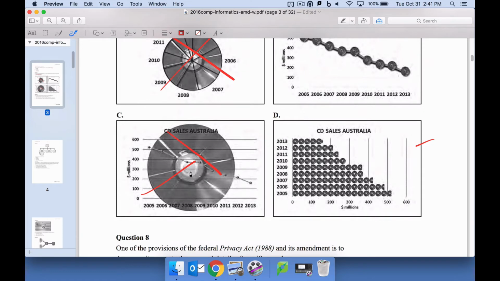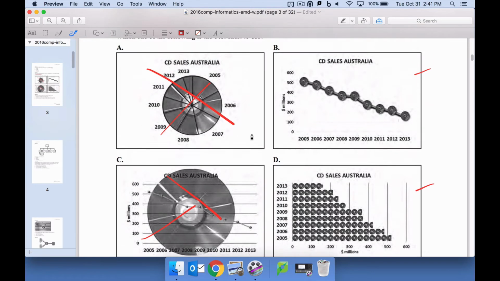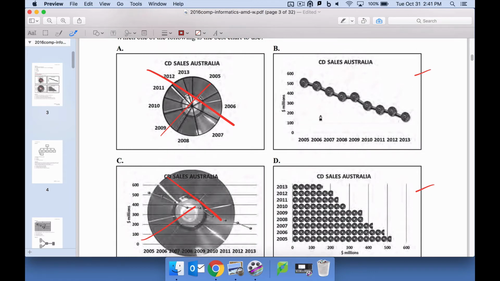And this chart, even though it does have the sort of histogram type of chart showing a decline over time, it's hard, or it's unclear because of the background image. So basically, by the looks of it, this is very similar to this one, which is probably going to be our answer here.